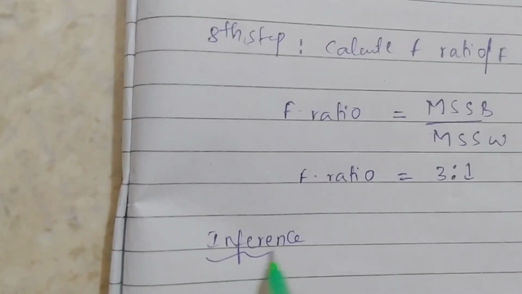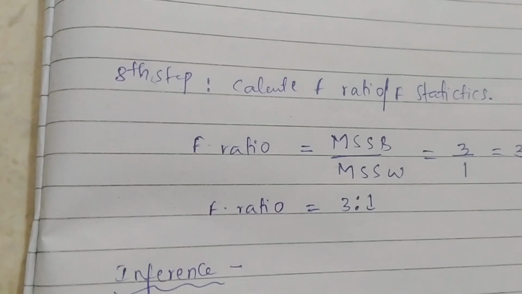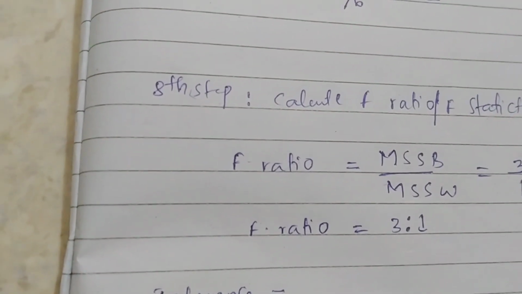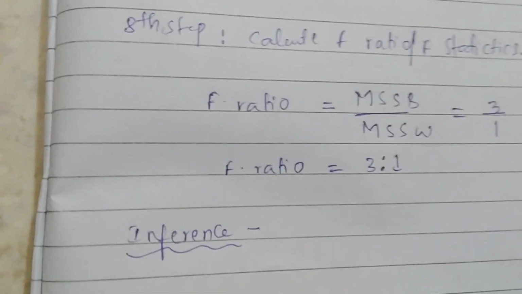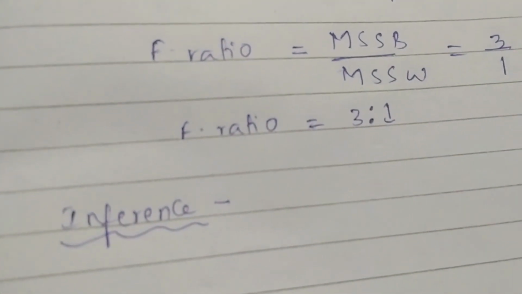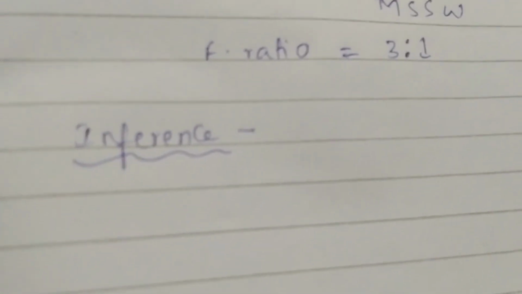So the inference says that, according to the degree of freedom and the level of significance, we get the table value. We need to know that when the calculated value or F ratio value is less than the table value or critical value, then H0 is accepted.